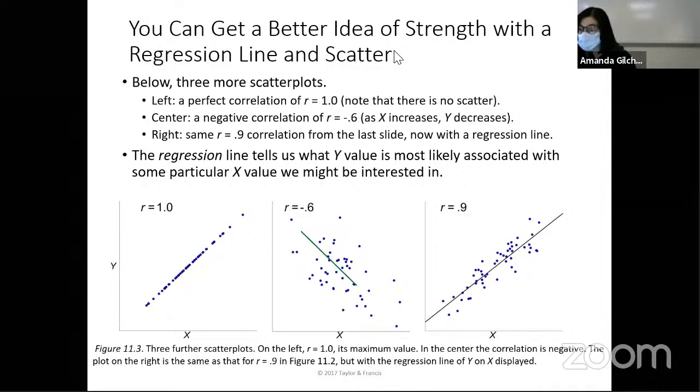So for correlated variables, a regression line can be really helpful because it enables us to make predictions. If I have a regression line and I have an X variable and a Y variable, if I know what your X is, I can just go up to that regression line and make a pretty good prediction about what your Y variable is going to be.